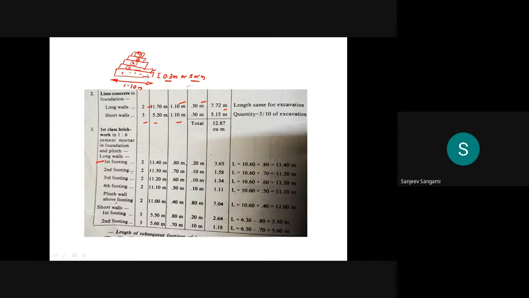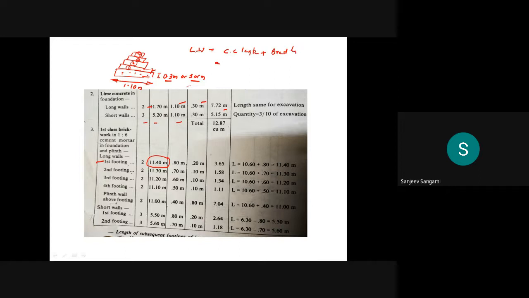Whenever you are calculating the length for the long walls, again, remember this portion, it is not the same as the previous case, that is 11.7. So it is 11.4. How exactly has it come? This is for long walls calculation: center to center length plus breadth.